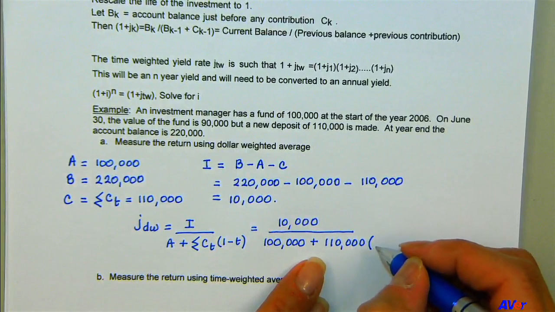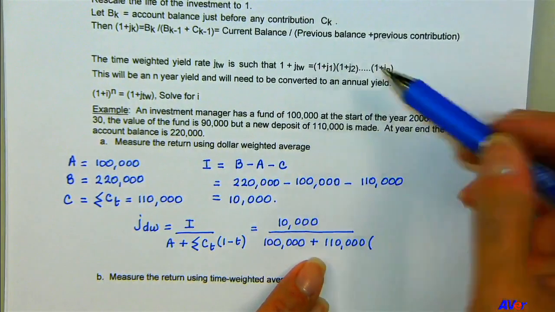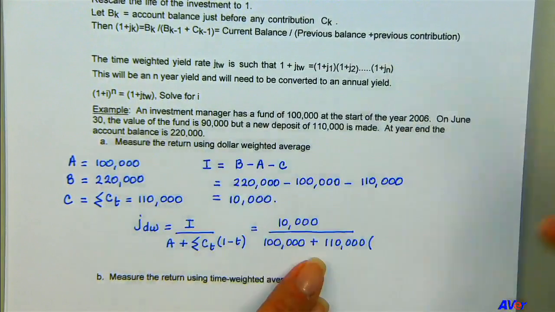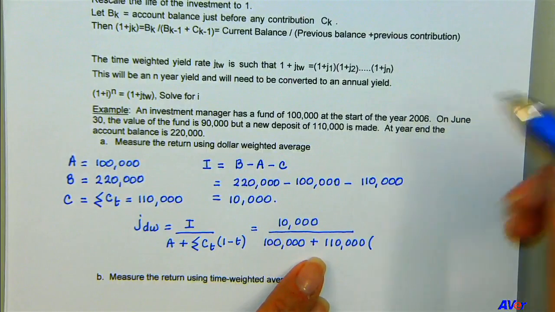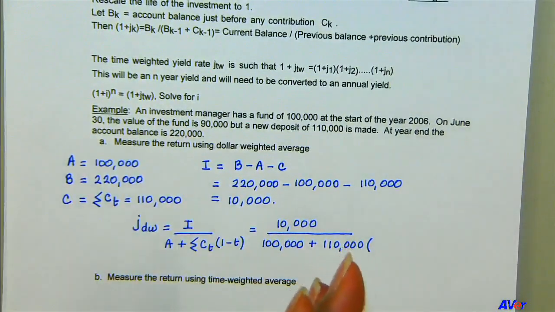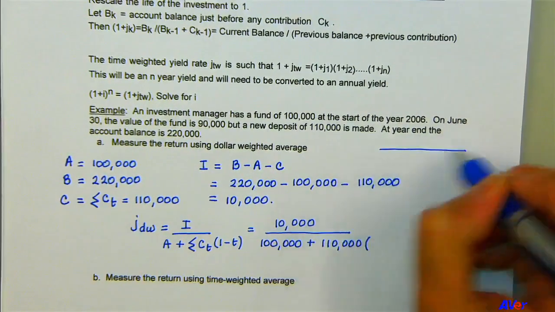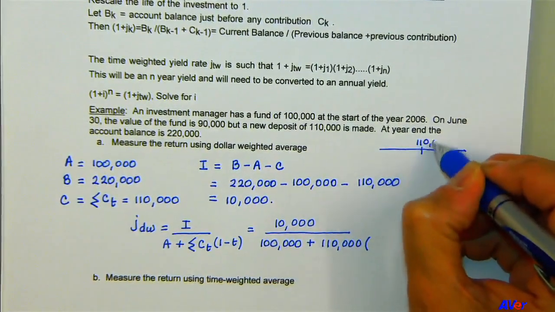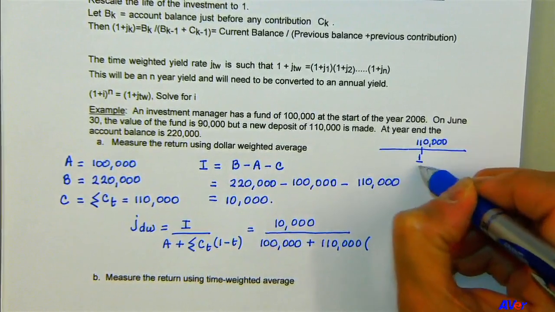Now, at what time did this 110,000 contribution happen? On June 30th, which is exactly half a year. So if the contribution happened at half a year, it still has to grow for half a year, right? So this 110 contribution happened at time 1/2.